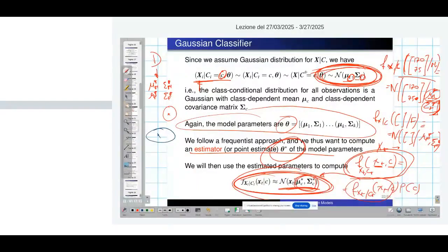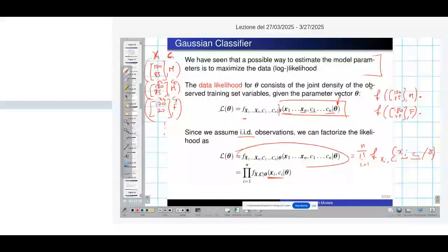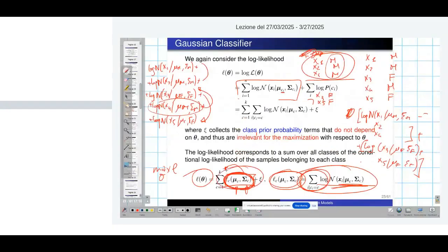We will see an example where this does not hold anymore, and in that case, we cannot independently fit the densities anymore. But if we assume that each class is characterized by a different set of parameters, then the maximum likelihood solution can be obtained by independently fitting by maximum likelihood a density to the samples of each class.